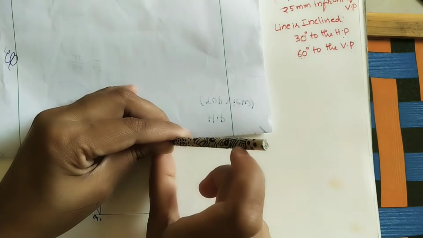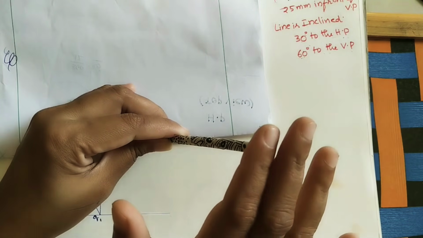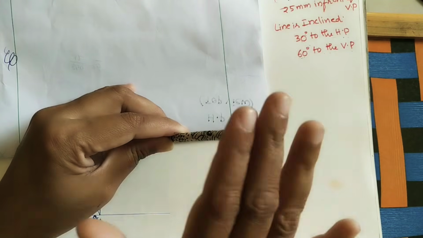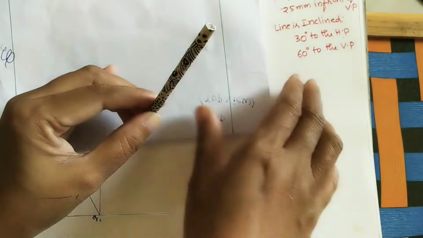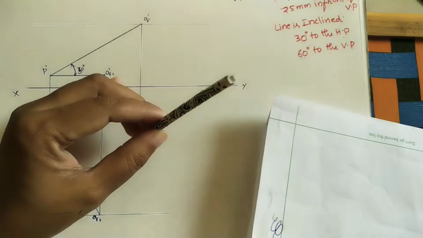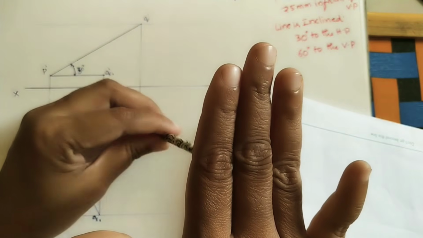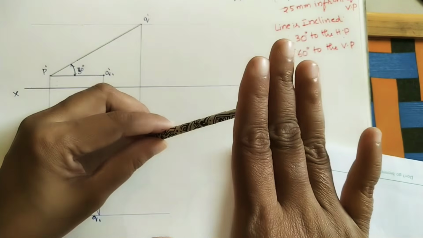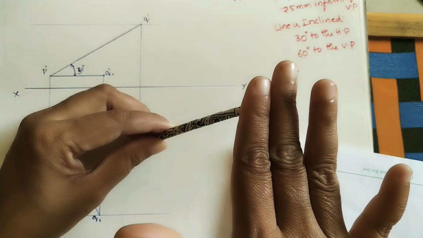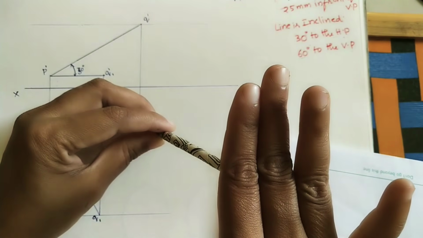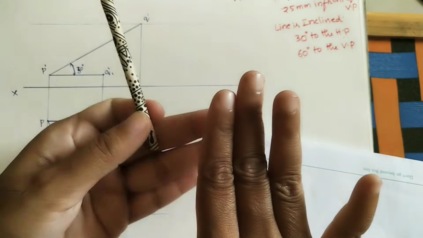For getting this length, we don't know this length. What we are taking, this Q, as we know, this end is moving on the same plane. This Q point is moving on the same plane. Whatever angle it is tilting, let us assume it is 30 degrees initially like this. Now again it is tilting 60 degrees. But the locus of Q is on the same plane.